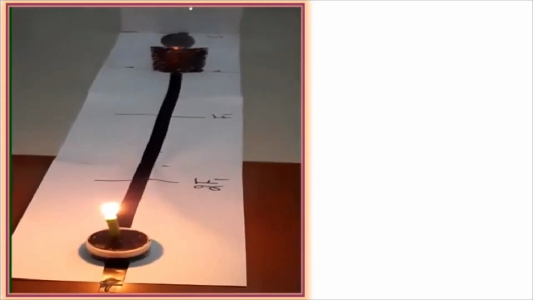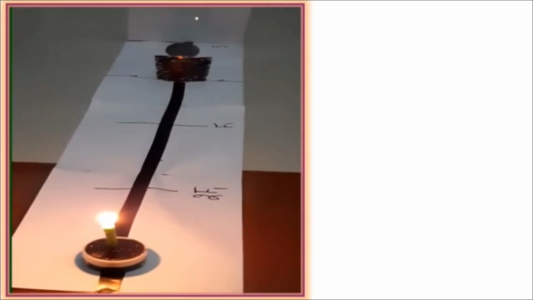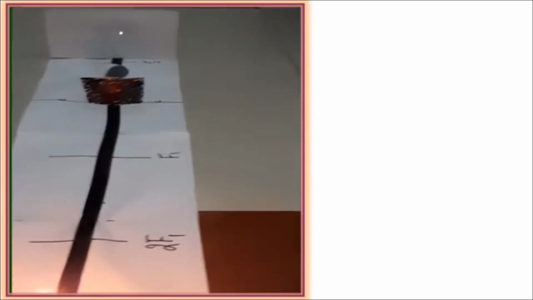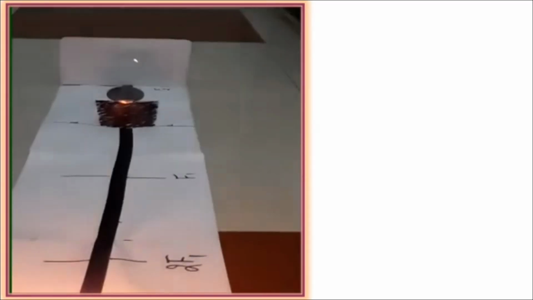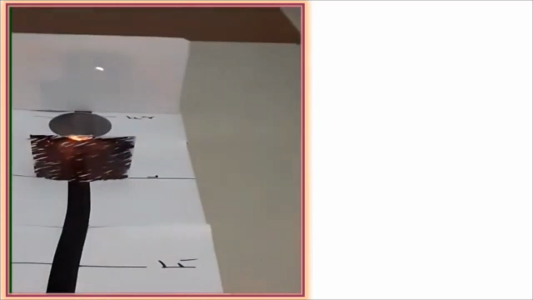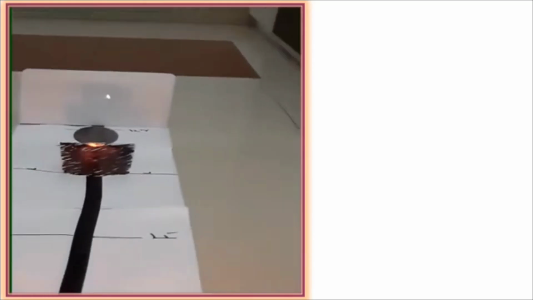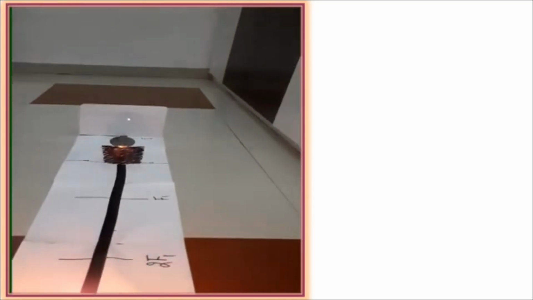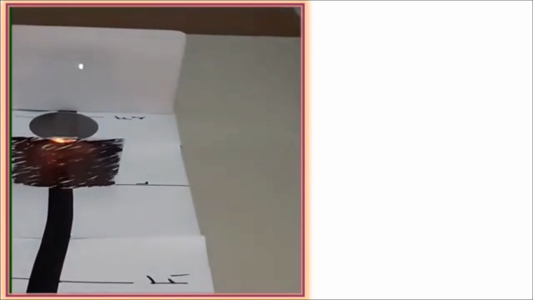The object, the candle flame, is larger while its image, which is being seen on the screen, is smaller. So again, in this situation also, a diminished image is being formed, and as you see, this image is also inverted. The candle flame as seen on the screen appears to be inverted as compared to the actual object, that is the actual candle flame.